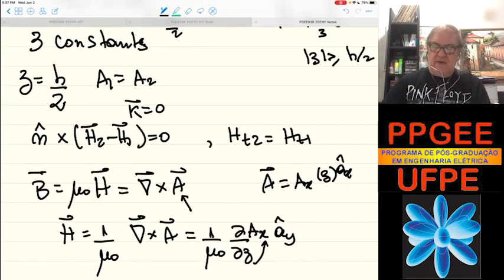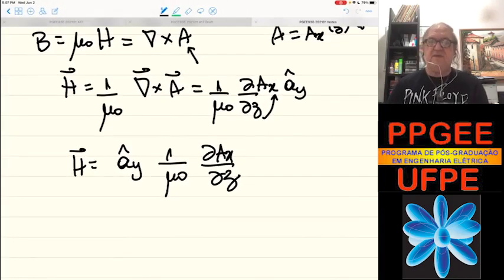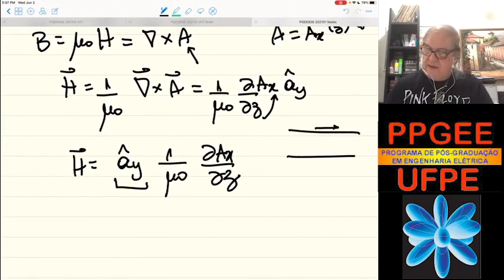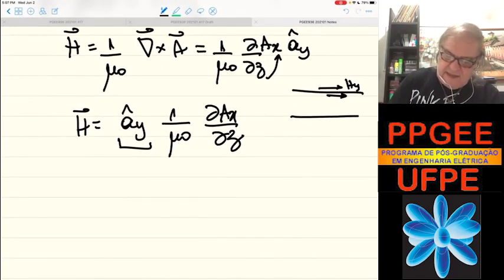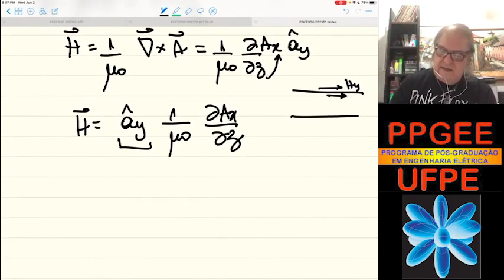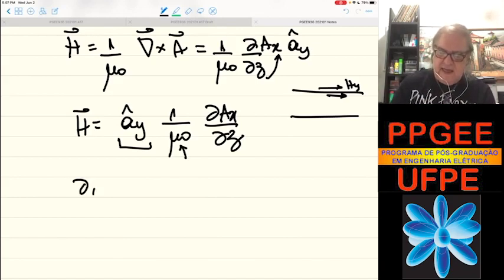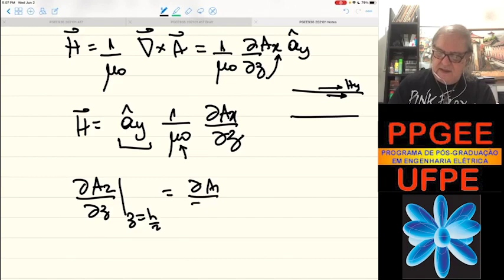So that's how we make the boundary condition for H. If H tangential is continuous, meaning the Y component is continuous across the interface, then this constant is going to be the same on both sides of the equation. So dA2/dz at Z equals H over 2 equals dA1/dz at Z equals H over 2.